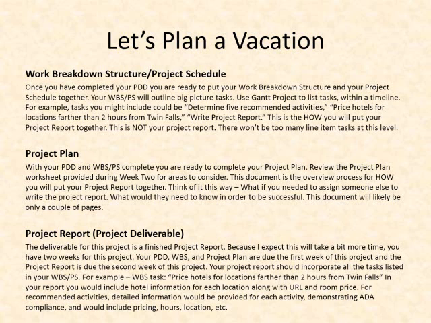Remember that the work breakdown structure, project schedule, and project plan are the how you will put your project together. This is not the project report. So there won't be a whole lot of detail on any one of these three items. You're not listing the places that will be visited. You're just including a line item that says determine 5 or 7 places to visit.